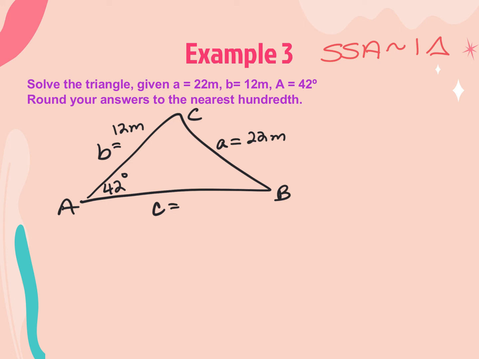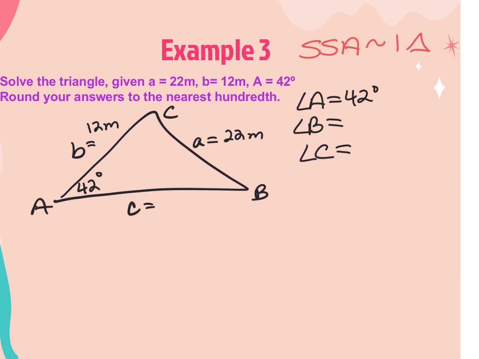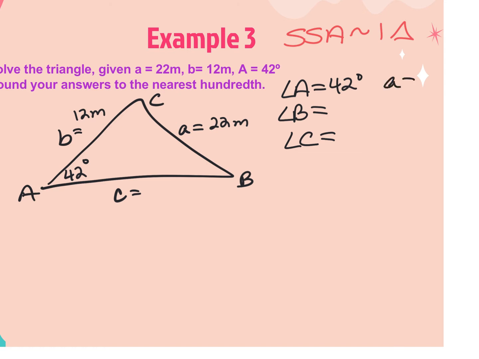Now, remember, once we're done, I should have the measure of angle A, and I have that because it was given, the measure of angle B, the measure of angle C, and then also side A, which they gave me, 22 meters, side B, they gave me as well, and then C, I don't know.